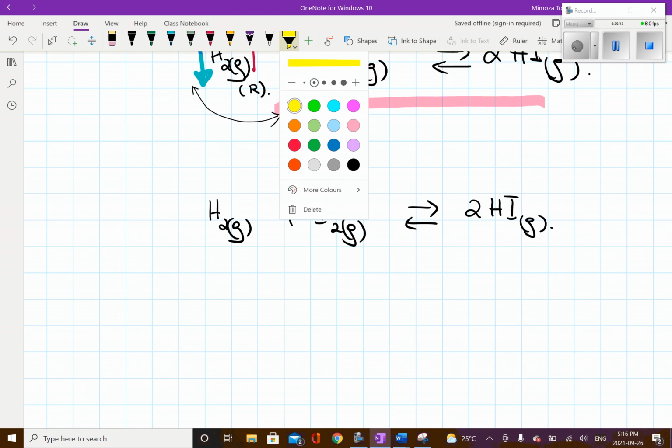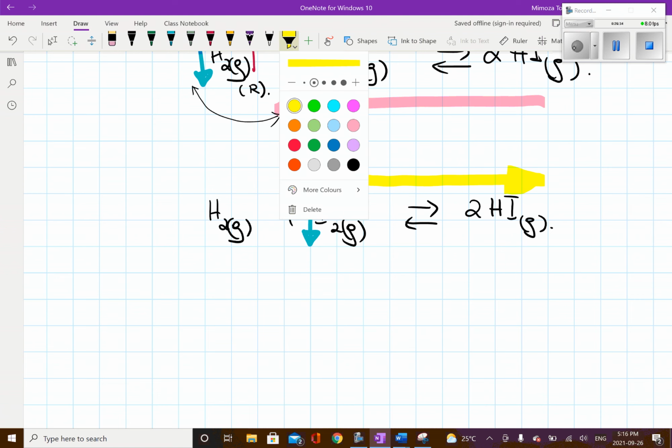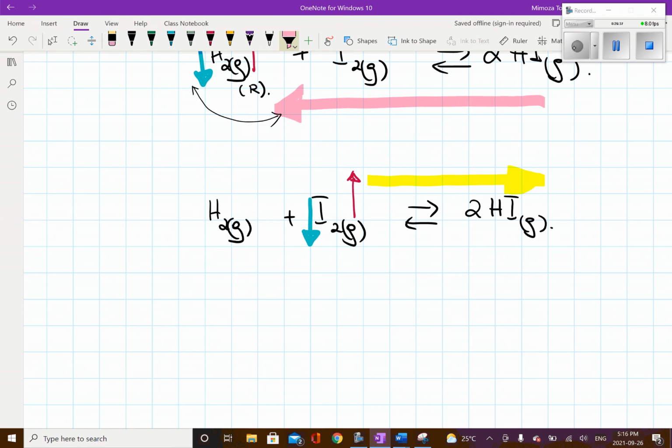The system is saying, no, I want to undo what you did by producing more HI. Okay? And then you're saying, okay, I will do another change. I will decrease the concentration of I2. Then the system will say, no, I don't want this to happen, so I will increase the production of I2.